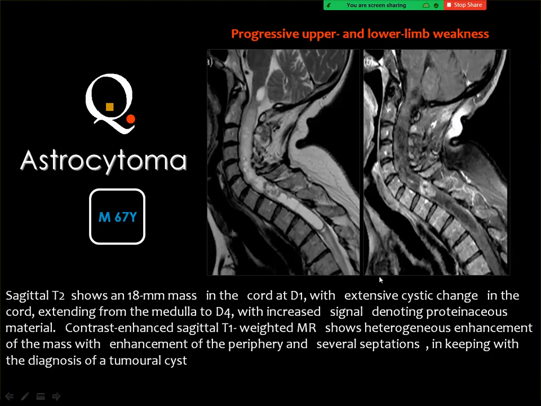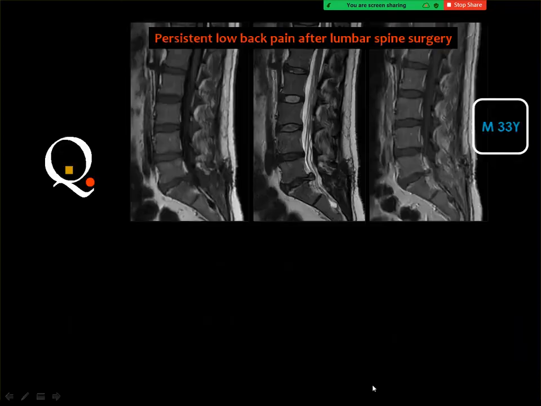But you know that astrocytoma, the tumor of the pediatric age group, can also affect any age. As you can see in this particular case, you have an extensive lesion involving the cervical cord and part of the upper dorsal cord with some enhancement and cystic changes within the tumor.